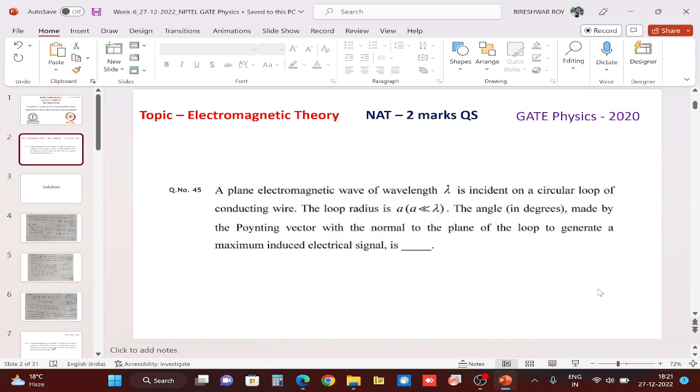Even if it is a current carrying loop, the magnetic field direction will be along the axis, right? Not along the normal to the loop, not along the phi cap, so that is also wrong, right?